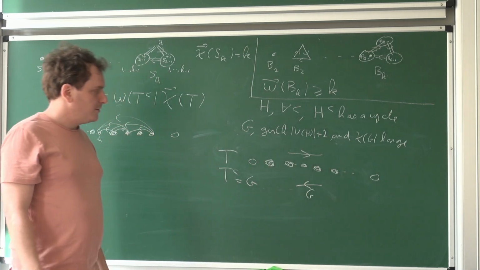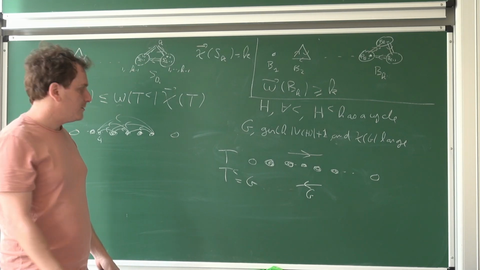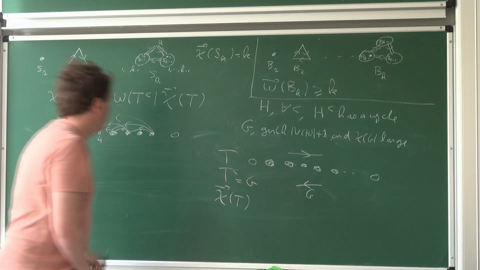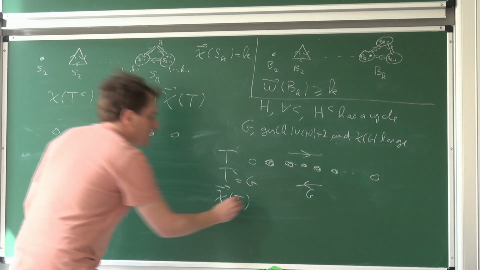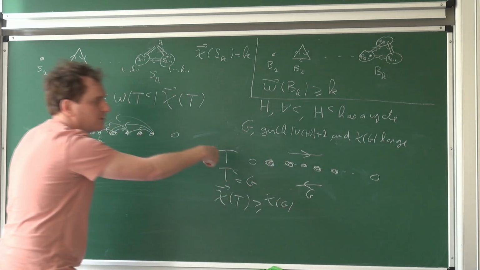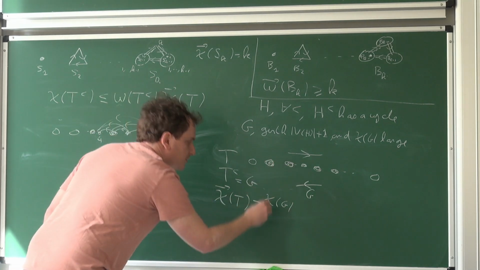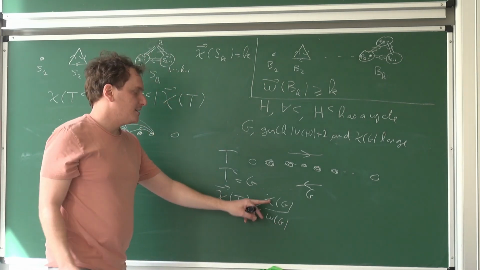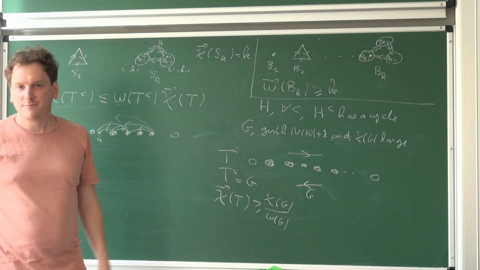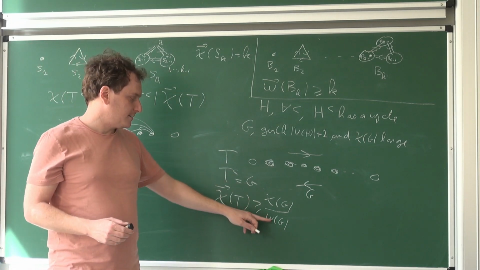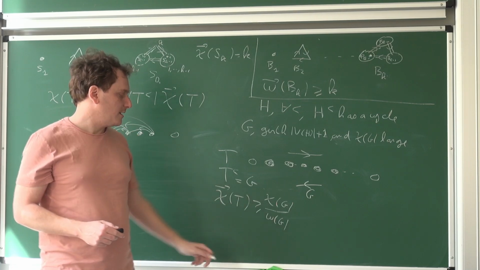Okay, so T is in the class, and the dichromatic number of T, by the fundamental inequality, is at least the chromatic number of the back-edge graph, here G, divided by the clique number of G. This is large, this is 2, so this is large. So there is a tournament in my class that has clique number 2 and arbitrarily large dichromatic number.